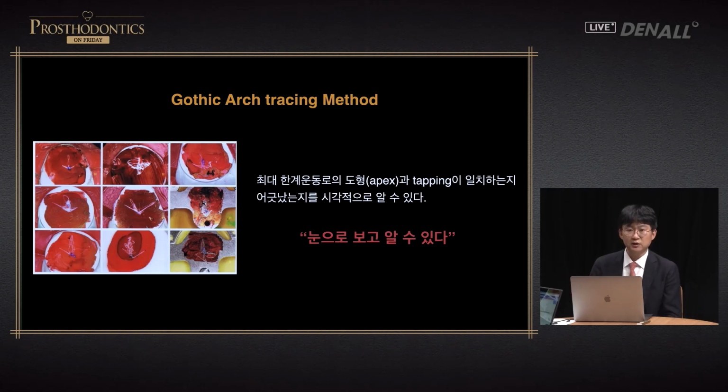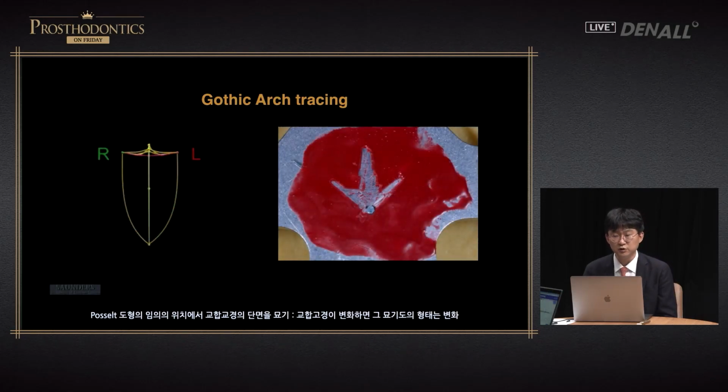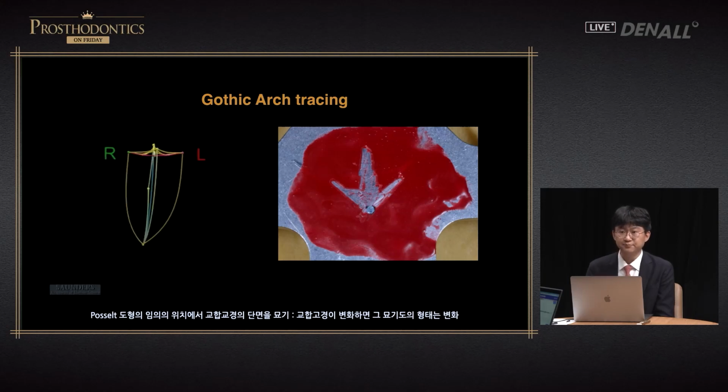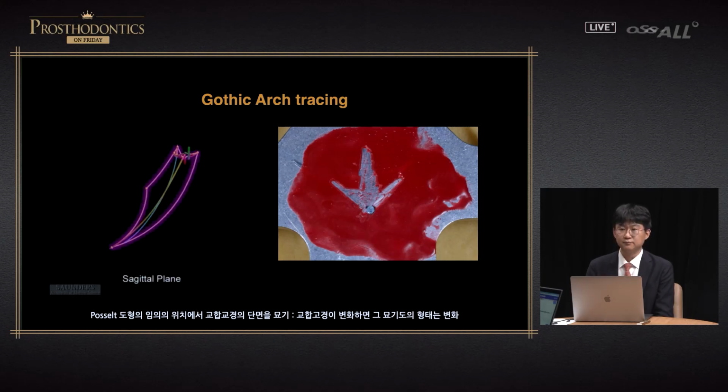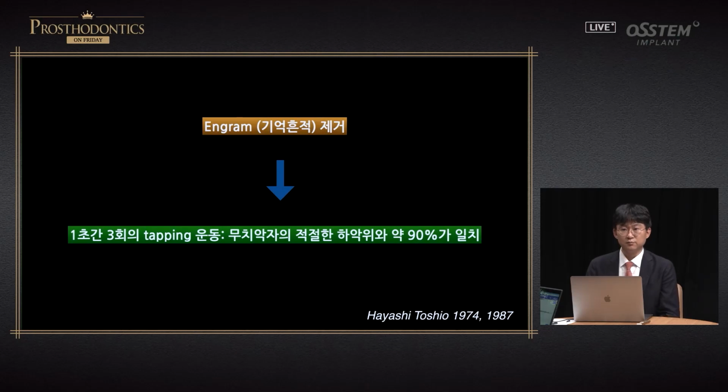As I said before, the tracing is to check visually whether the denture tapped by the patient rapidly is stable repeatedly. So the Gothic arch tracing is to observe the sections of mandibular movement in three-dimensional Posselt diagram to obtain mandible position by looking at the movement starting point in its relation with patient's repeated chewing.